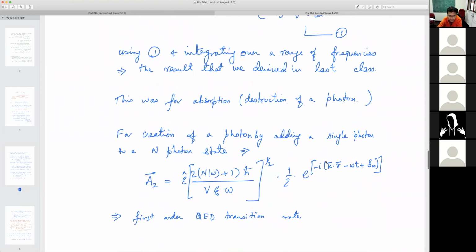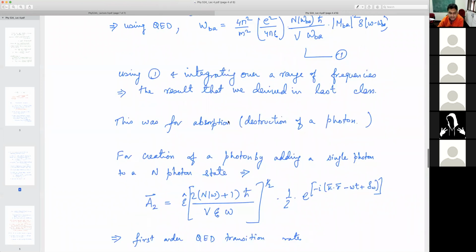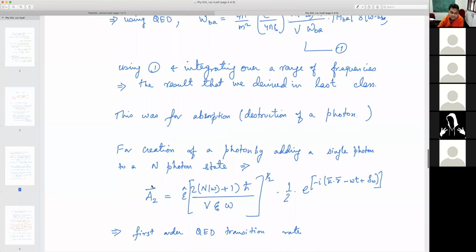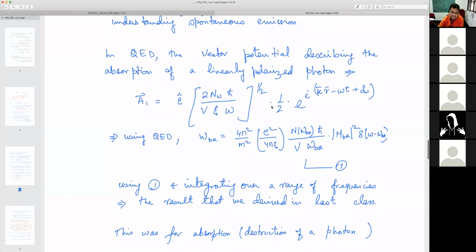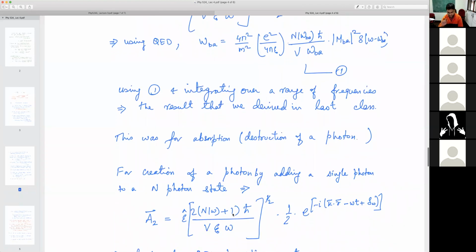Now let's go on and do the same calculation for the creation of a photon, by adding a single photon to an n photon state. The vector potential turns out to be identical to what I had here, except that n omega goes to n omega plus 1. This plus 1 is very subtle.